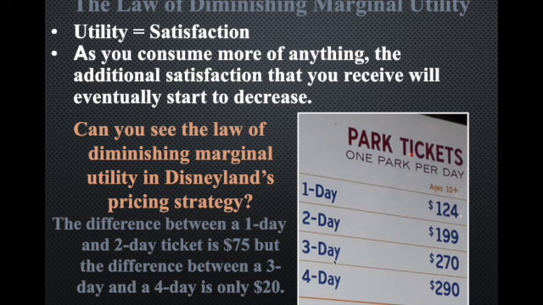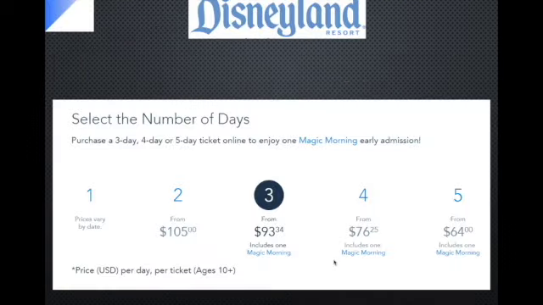If you go from the 3-day ticket to the 4-day ticket, it's only $20. That's because the more days that people are in the park, the less satisfying it is. So they actually have to decrease the difference between those prices as a way of encouraging people to come for day 3 and day 4.